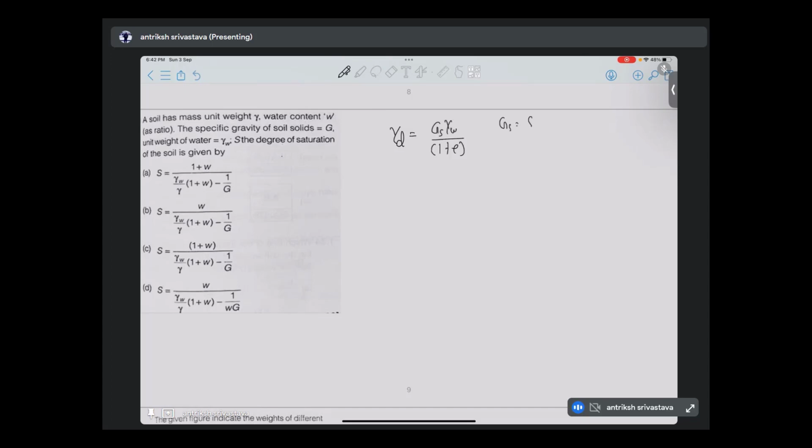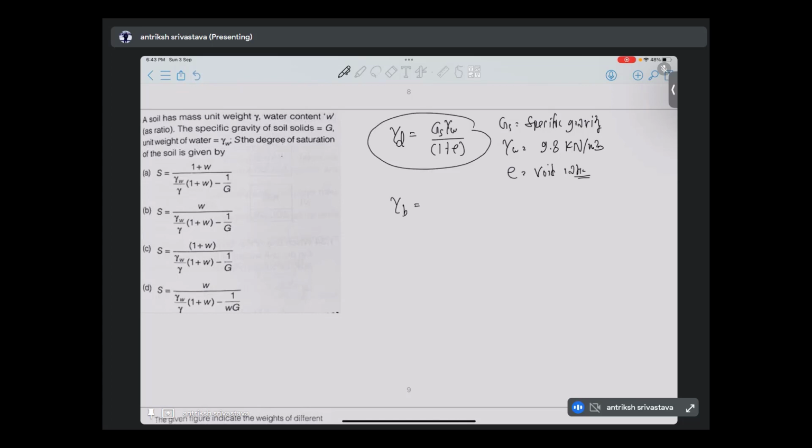Gs is the specific gravity, gamma w is the unit weight of water, 9.81 kilonewton per meter cube, and e is the void ratio.